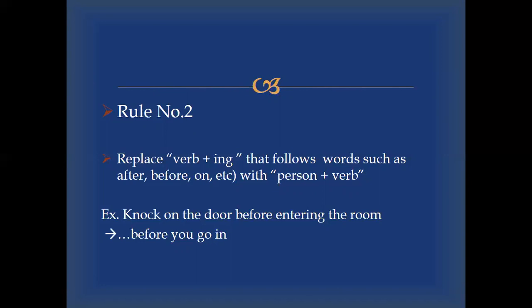Look at the word before here, and entering is a gerund, verb and ing. And we need to change it from the formal way, which you see now, to the informal way, which is before you go in, before you enter, before you step in. All this is acceptable here.